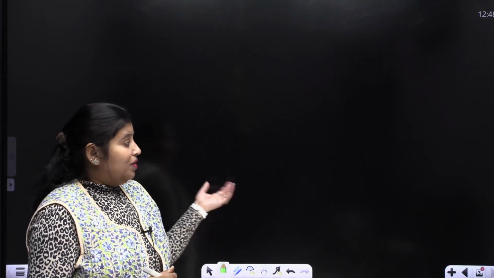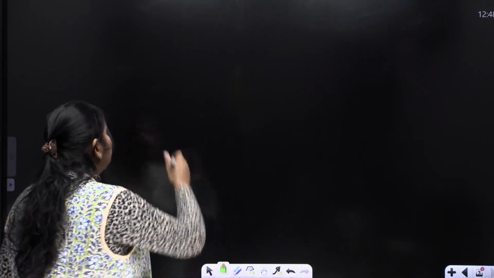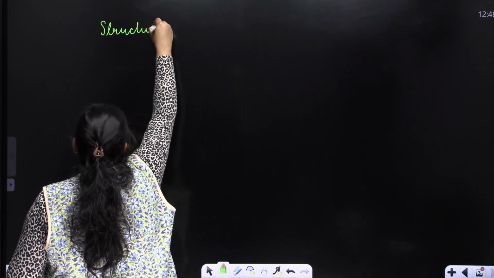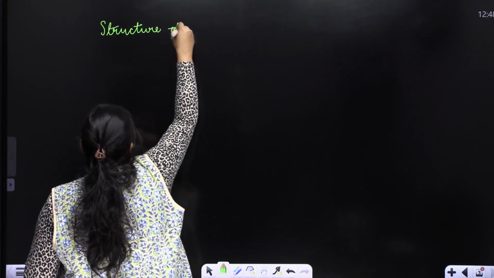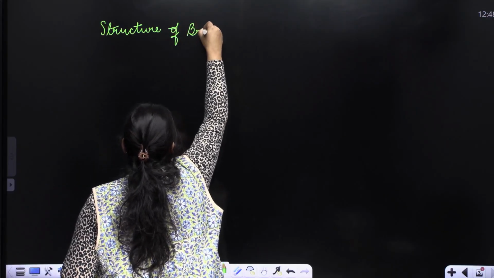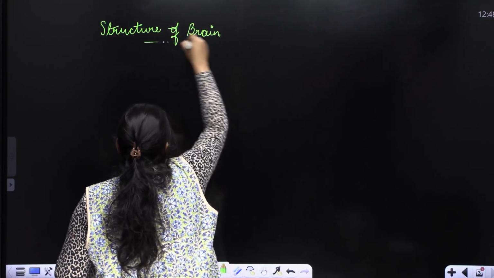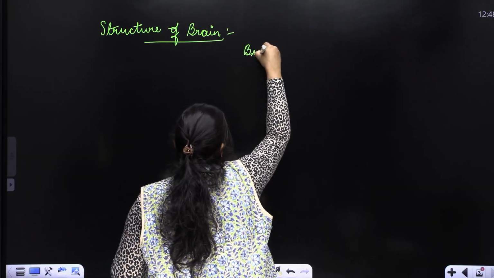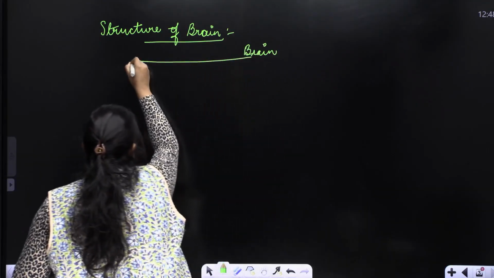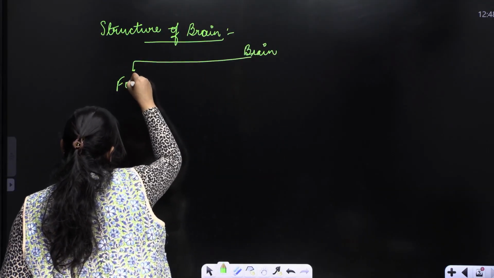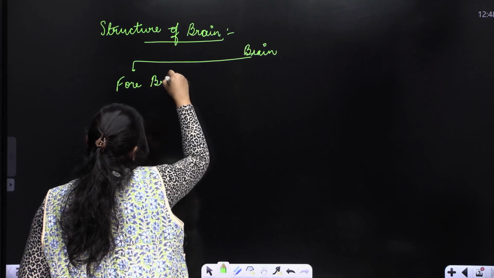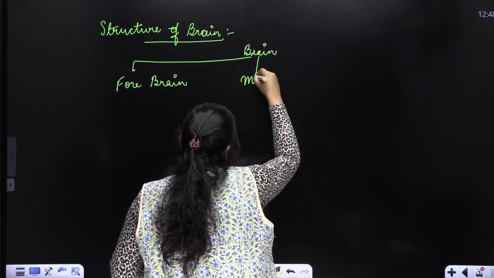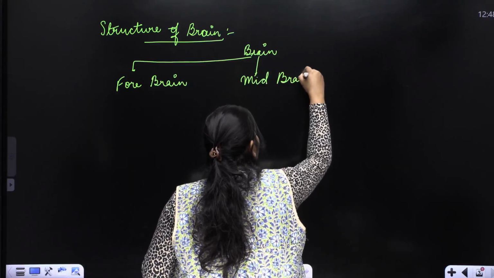All right. Now, let's proceed with the structure of the brain. The brain is divided into three main components, as I have already told you: the forebrain, the midbrain, and the hindbrain.